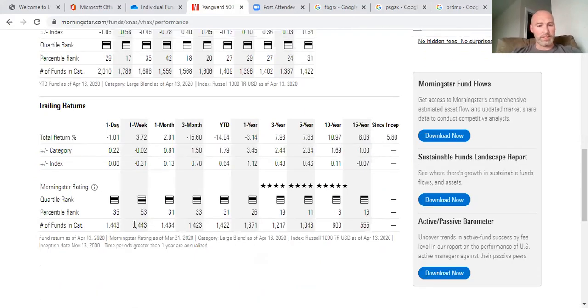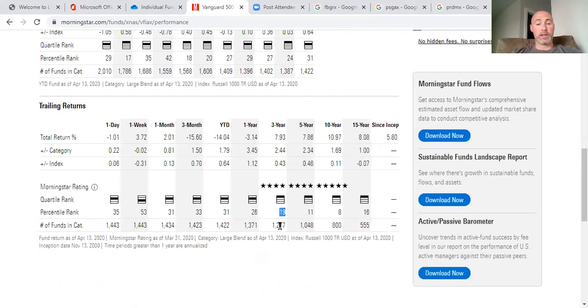And what I also like to look at over here is down here where it says percentile rank. Over the past 1 year, this is ranked in the top 26%. Over the past 3 years, this is ranked in the top 19% of mutual funds.